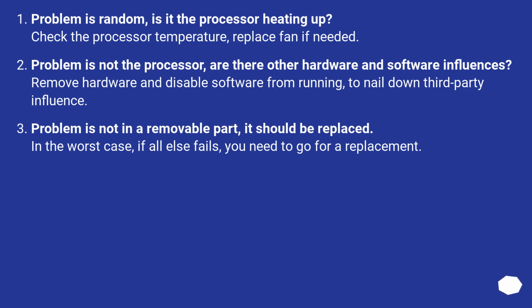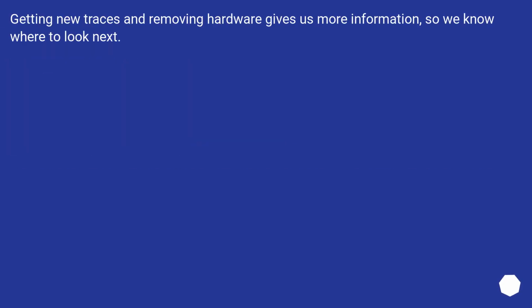In the worst case, if all else fails, you need to go for a replacement. Getting new traces and removing hardware gives us more information, so we know where to look next. Good logs and intuition, really.